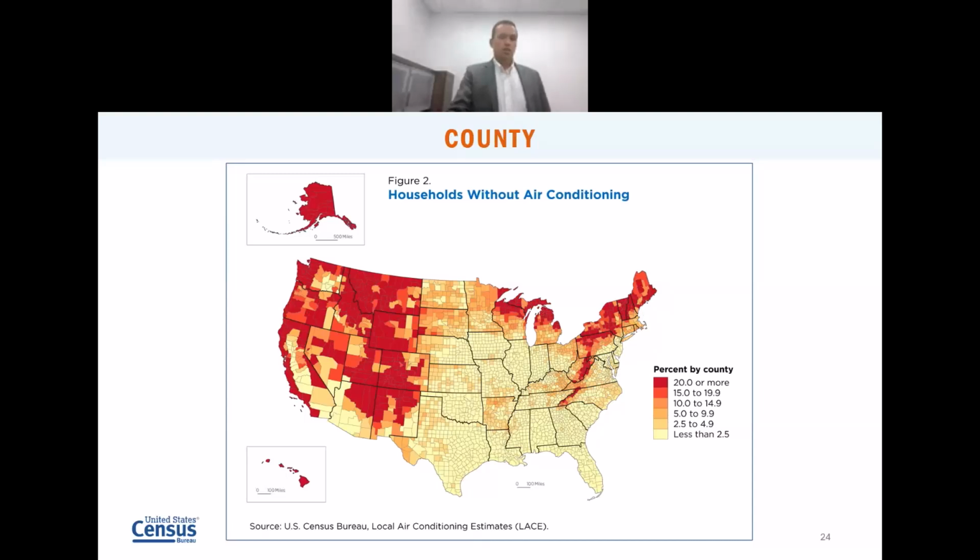And so when we look at the county level data, you're able to also see, okay, there's things happening within these states. So one example is especially California, where along the coastline and up in the Sierra Nevadas, we see that our estimates predict that there are more households without air conditioning than throughout the Central Valley or your Death Valley.